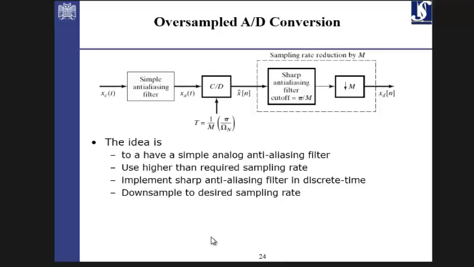And that's called oversampling. There are many papers belonging to the 80s and 90s decades talking about oversampling A to D converters, sigma delta converters, and so on. Even today, you can find some papers from electrical engineering researchers who are trying to make the samplers more sophisticated. The idea of oversampling comes from this motivation, that implementing this anti-aliasing filter is really hard.